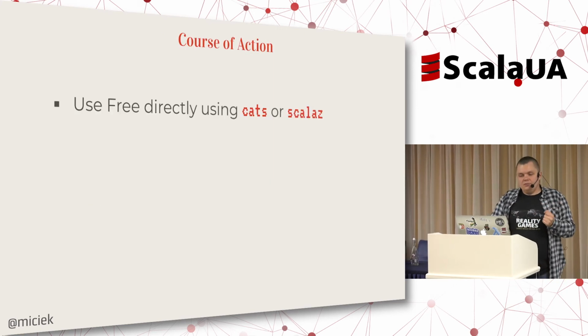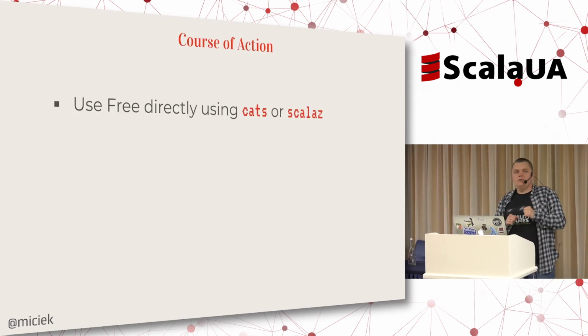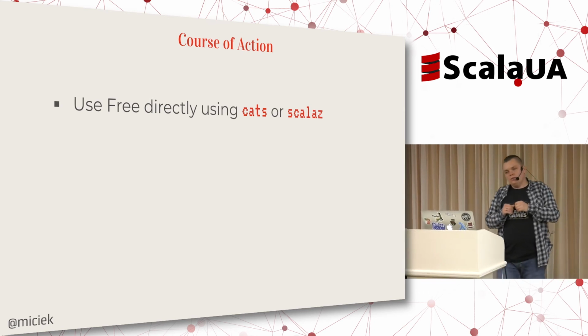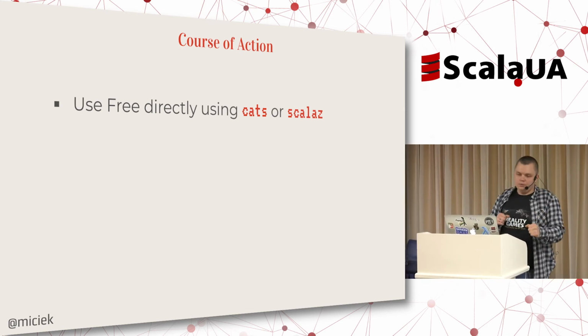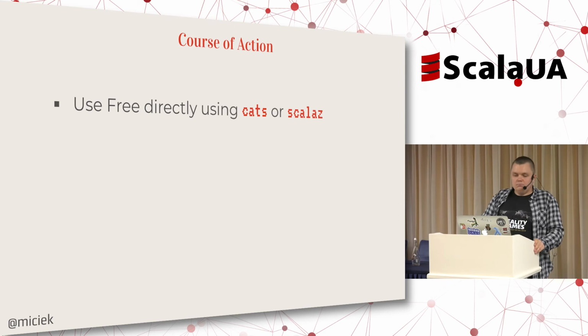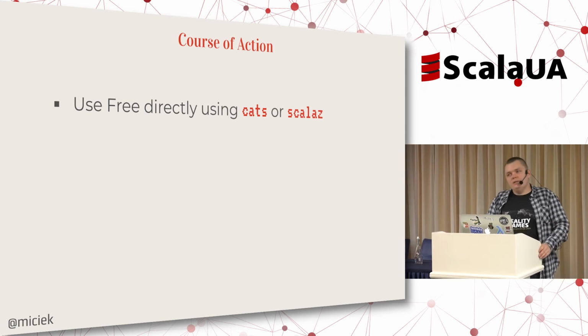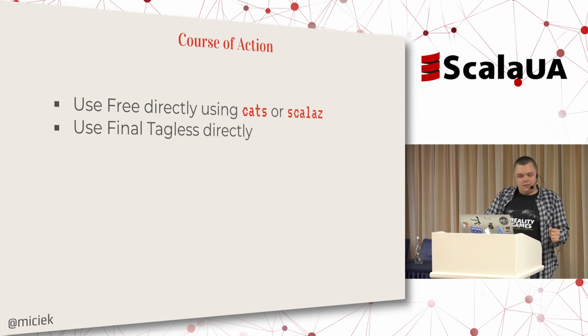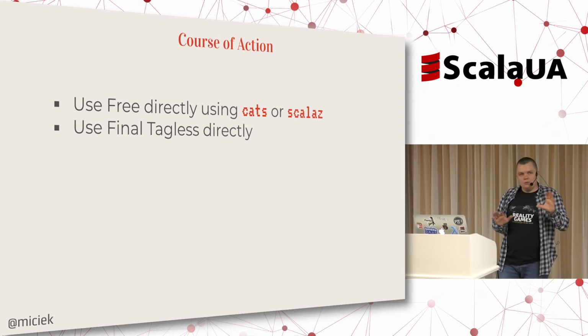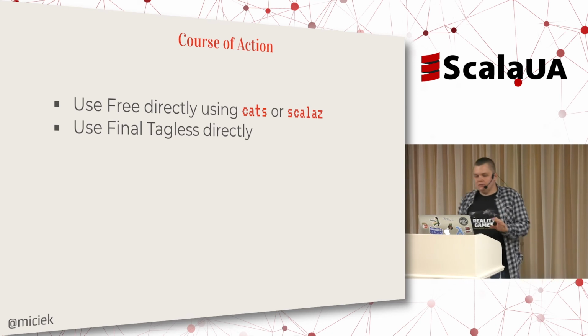So again, course of action, in case you want to dive into that kind of approaches, I suggest you start by using directly Cats or Scala Z free with the boilerplate and the compiler errors and so on and so forth to learn how those things work together. And then, only then, play with the final tagless directly, so you are aware of those technical concerns.